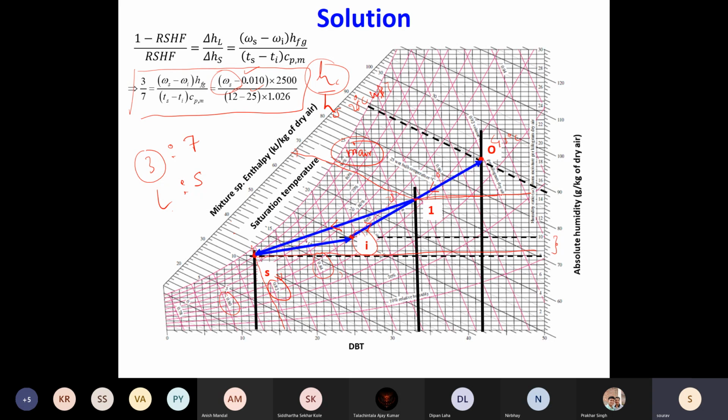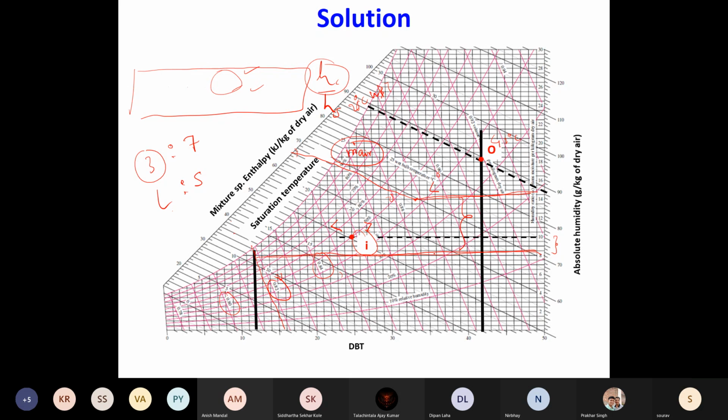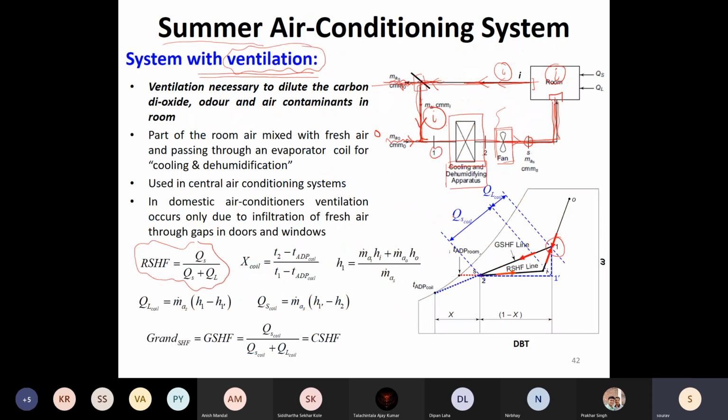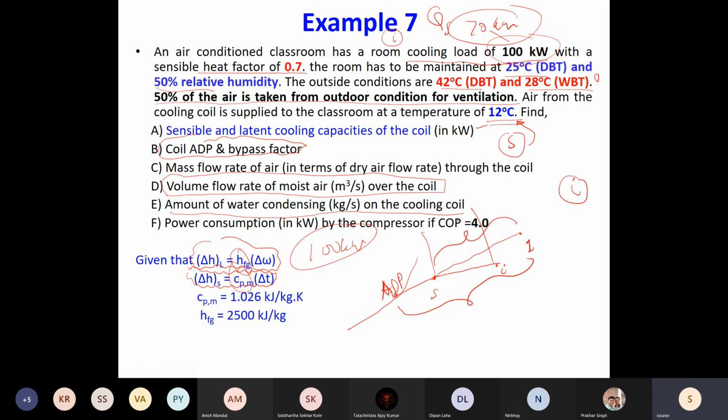So it will have to dehumidify a huge amount of air. So the latent load on the coil is huge. Best is, I would suggest you not to use EES for this part of the problem, because air conditioning problems are much faster to solve using the psychrometric chart.